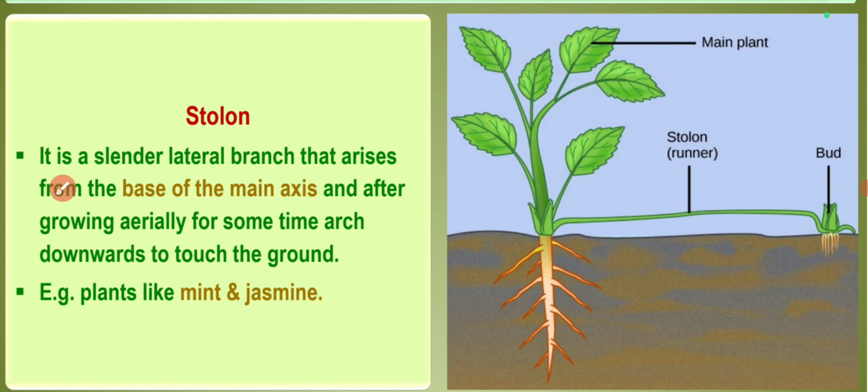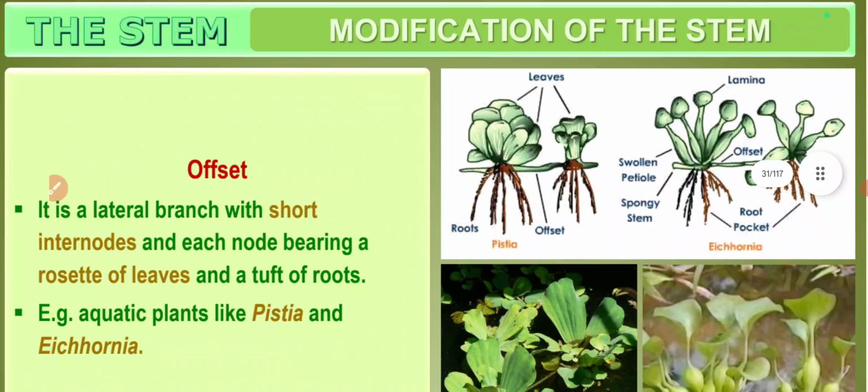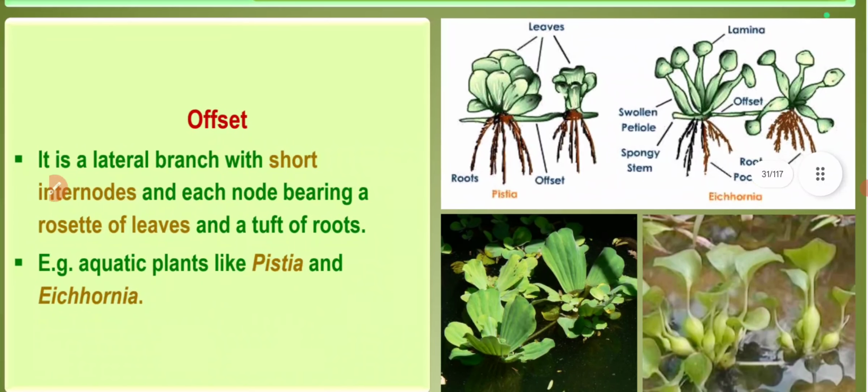Next, offset. Offset is also a lateral branch with short internodes, each node bearing a rosette of leaves and a tuft of roots.